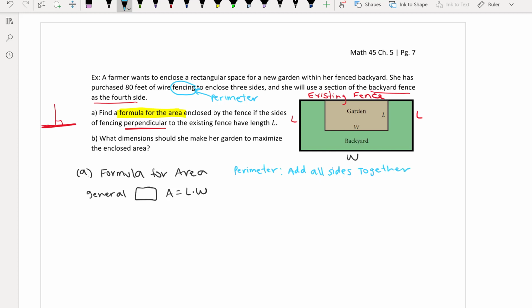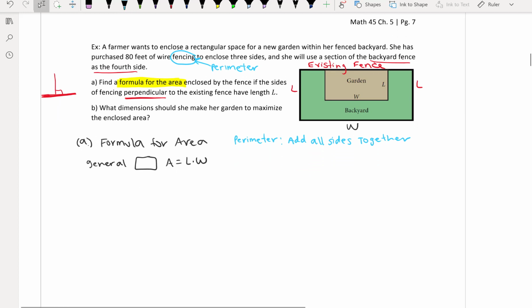For this particular problem, we only have 2 L's and 1 W, and that's okay. It also tells us that we have 80 total feet of fencing. So our perimeter is equal to all the sides added together: 2 L's and 1 W. I also know that my perimeter is equal to 80.